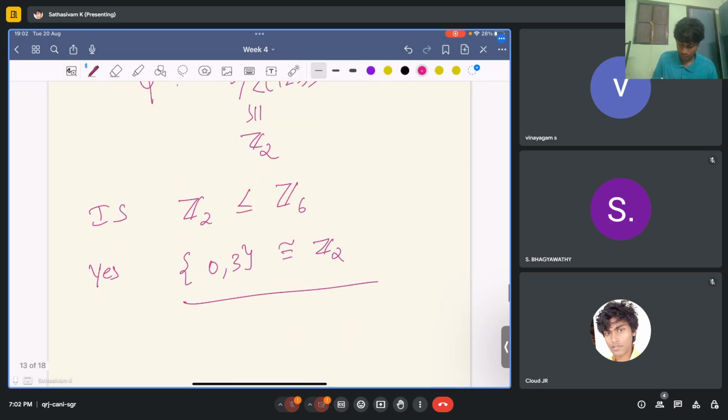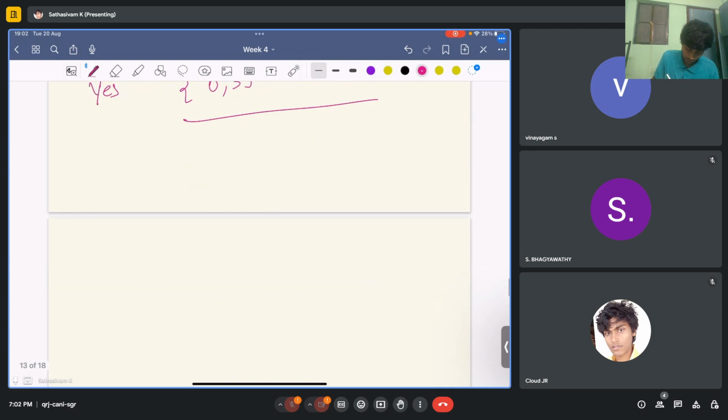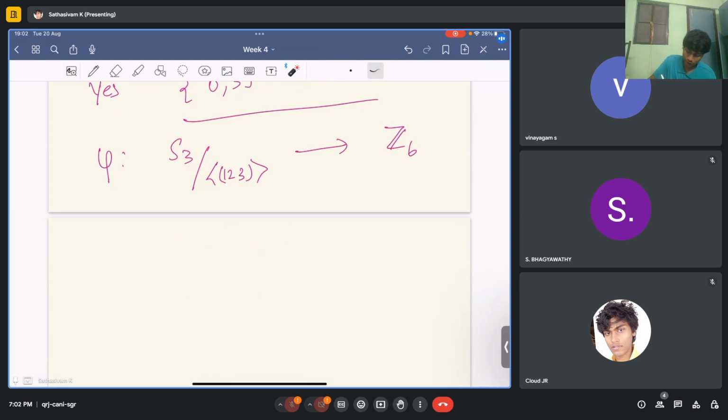So let's give a map. Now we have to give a map also. You remember this, so what you have to do? Phi from S3 mod {1, (1 2 3), (1 3 2)}, we need to give a map to Z6. This group is generated by the element (1 2).